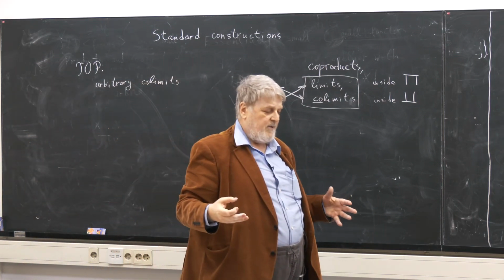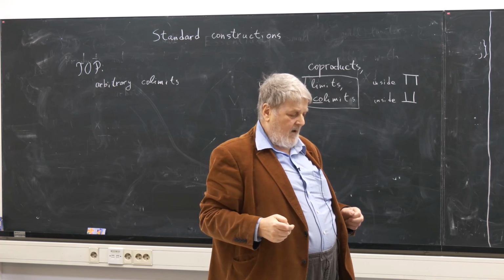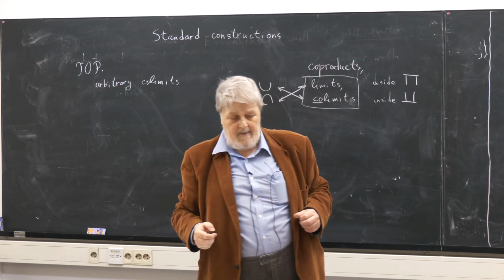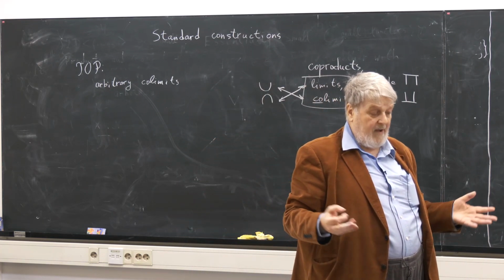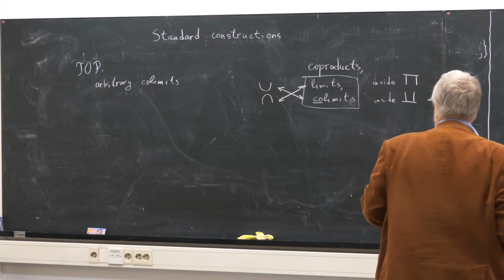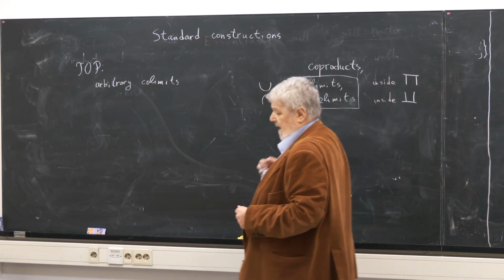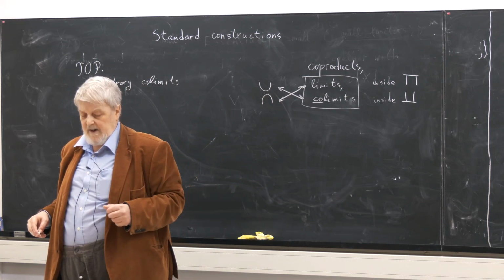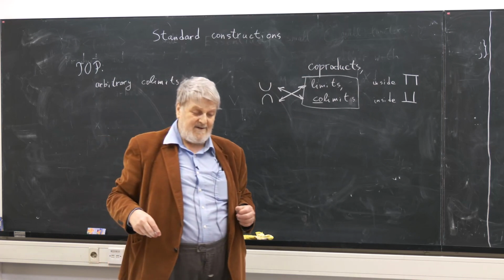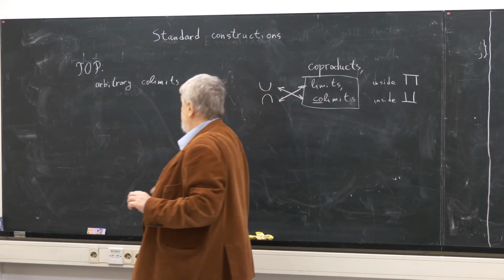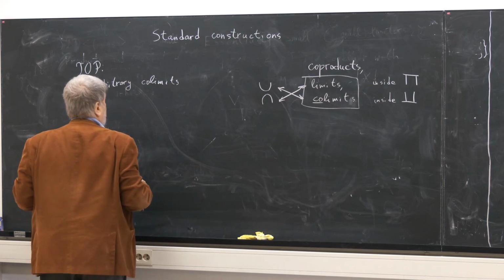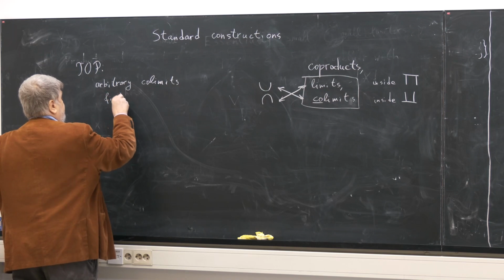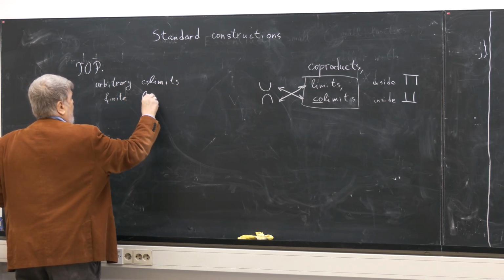Well, in a topological space, we basically consider the structure of the open sets. So the translation of the main axiom saying that arbitrary unions of open sets are open is like this. It has arbitrary co-limits and finite limits.